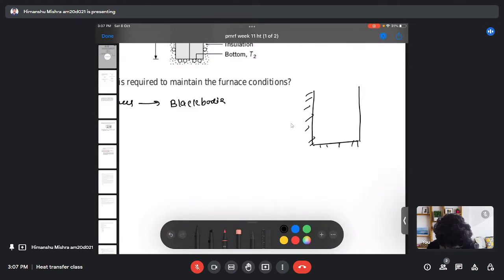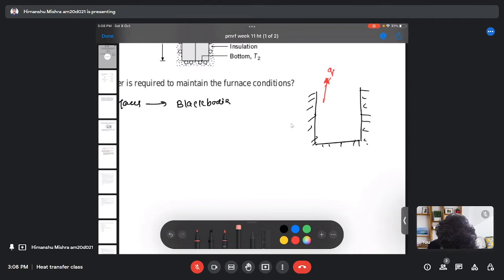This is my interior cylinder, and let's say there will be heat transfer from inside to outside, Q. Let's say this is my area A1, surface 1 here. This is my surface 2 having area A2, and this is the outside region which I am marking as region 3.